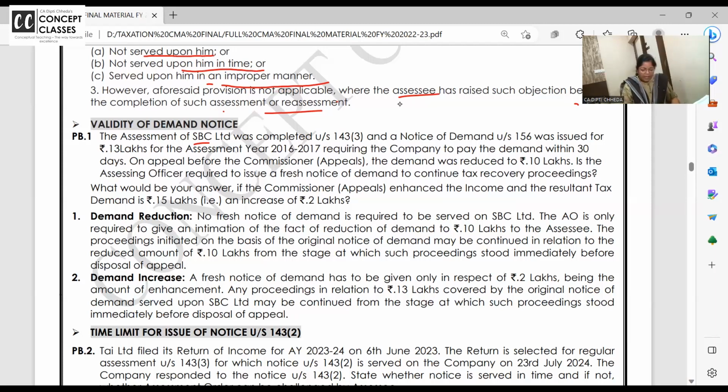Assessment of SBC Limited was completed in 143.3, scrutiny, and notice of demand. Acha, 1 minute. 156 is also shifted. Whenever your assessment is done, reassessment is done, in scrutiny, in best judgment, they may ask you to pay extra tax.